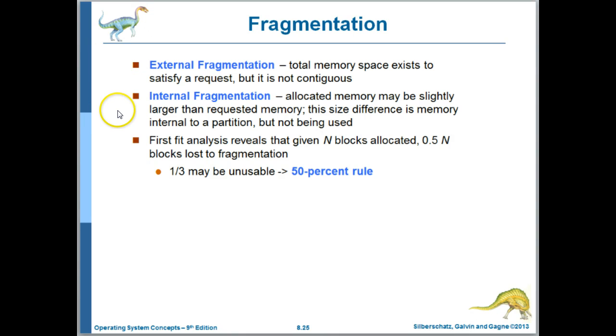Internal fragmentation we'll typically see more with paging systems, which we'll be discussing next time. But if a partition is allocated to a process that's somewhat larger than the amount of storage that the process actually needs, then that wastage within the partition is an example of internal fragmentation.